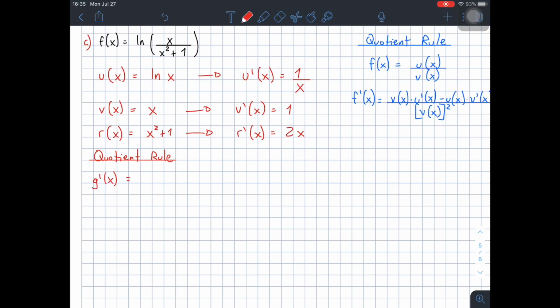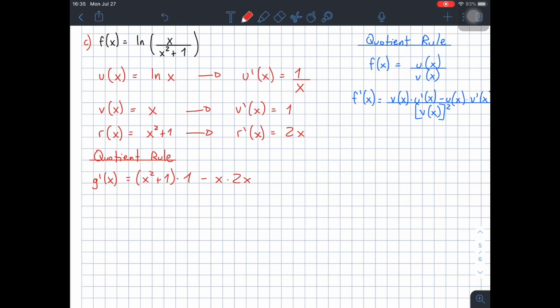So this is equal to r of x, which is x squared plus 1, multiplied by v prime of x, which is 1, minus v of x, which in this case is x, times r prime of x, which is 2x.